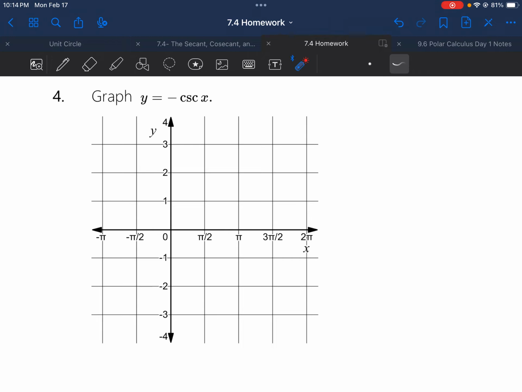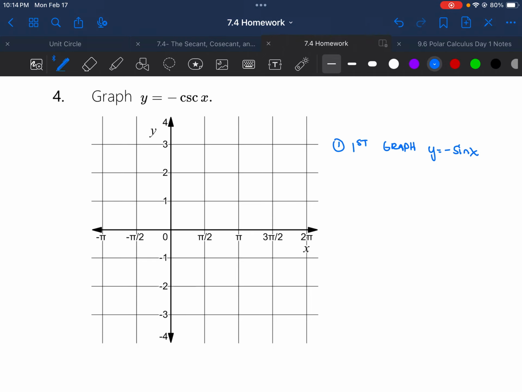First thing we want to do, notice that cosecant is sine's reciprocal. So what I want to do is first graph y equals negative sine of x. I'm replacing the cosecant with its reciprocal sine. I'm keeping the negative, keeping that transformation there.